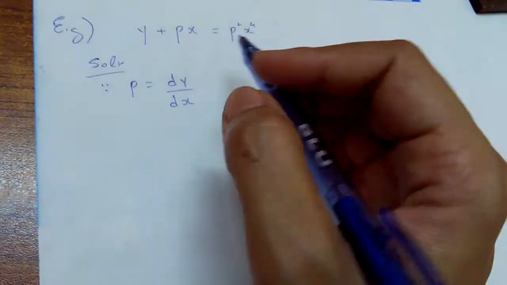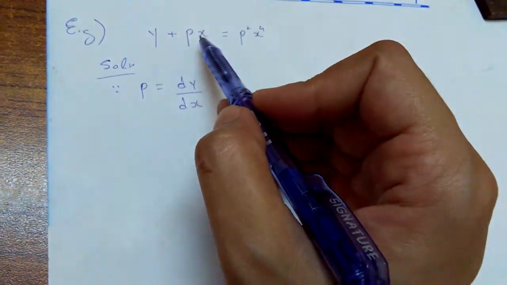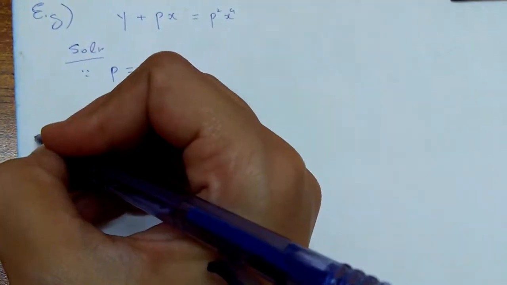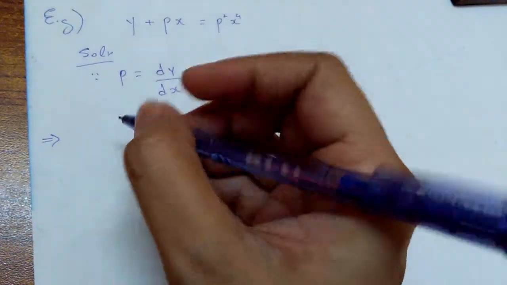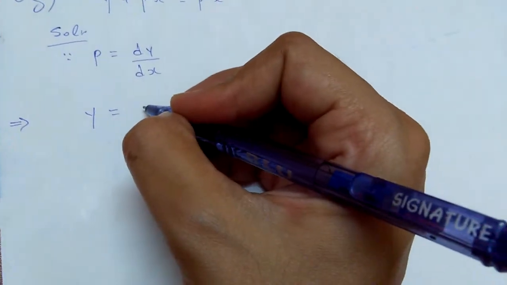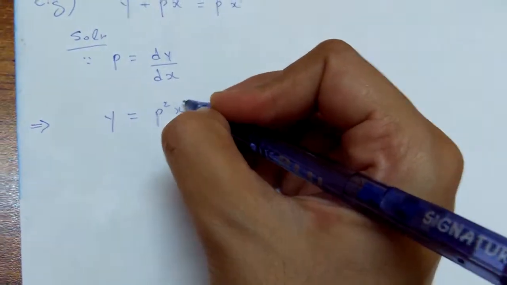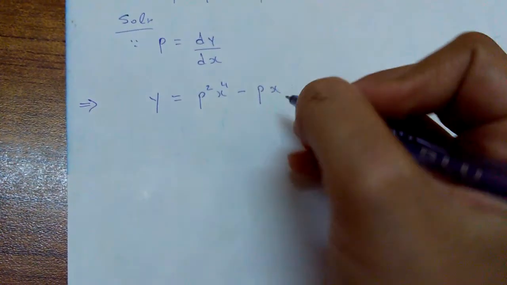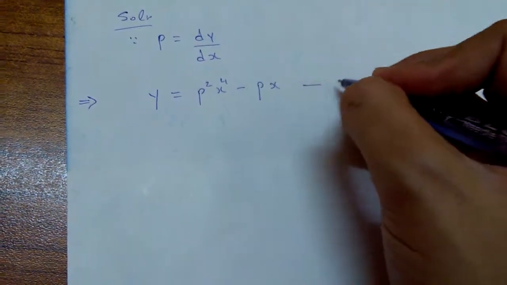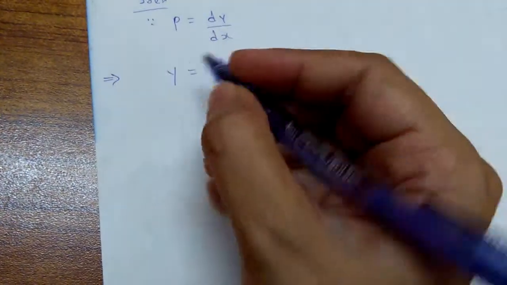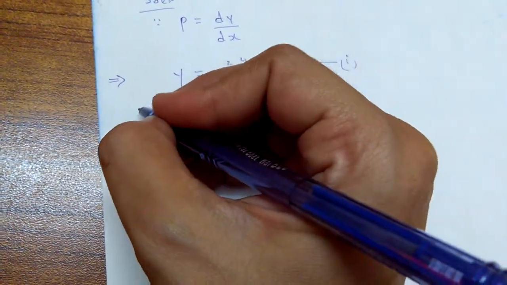So what we are going to do exactly, we're just going to shift this px to the right side, and then we will try to differentiate the entire equation with respect to x. When I shift this here, it looks something like this, and I name this equation 1 for my convenience, and then I will differentiate this entire equation 1 with respect to x.